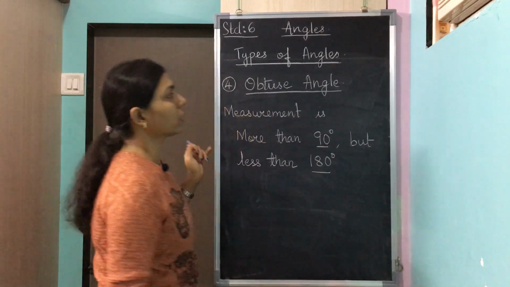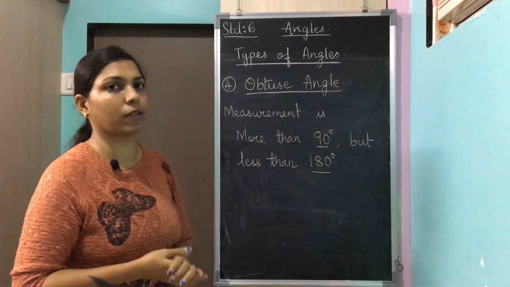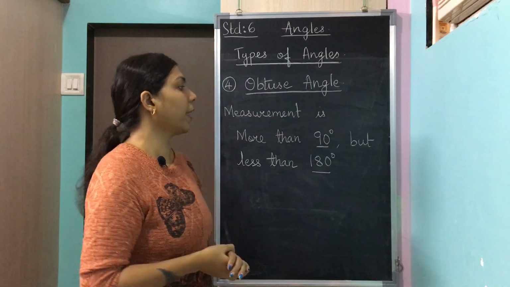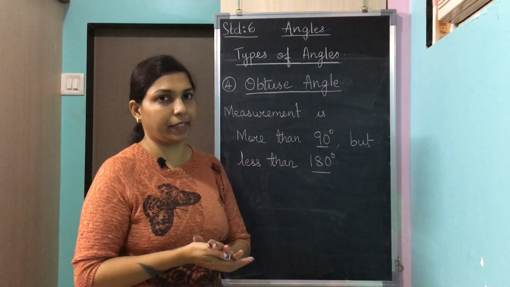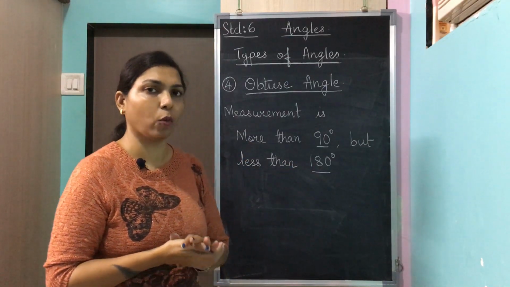Okay, so over here in an obtuse angle, your measurement is more than 90 degrees, but it is less than 180 degrees.